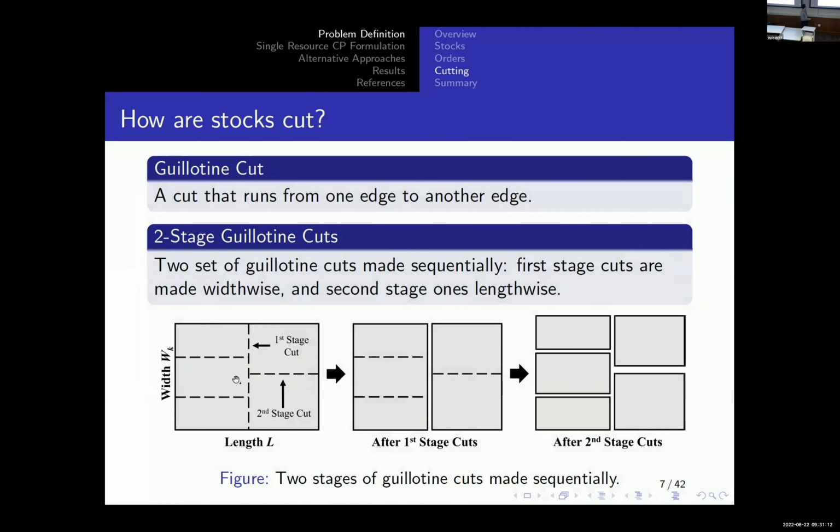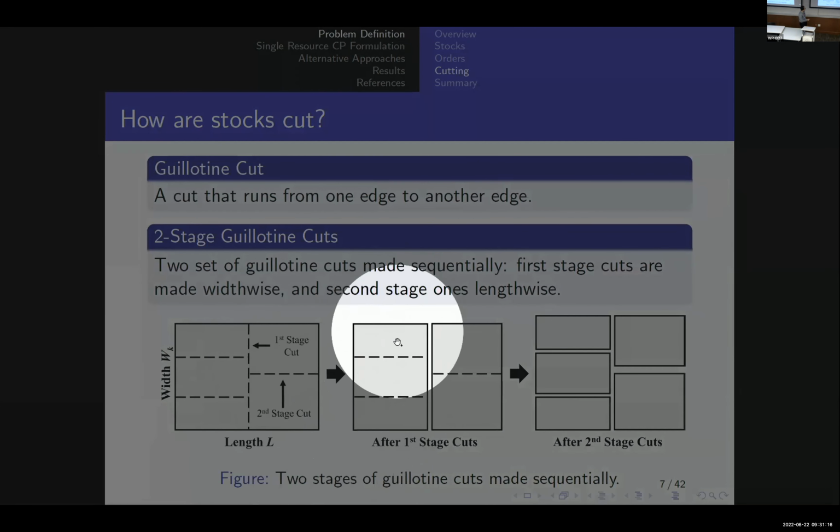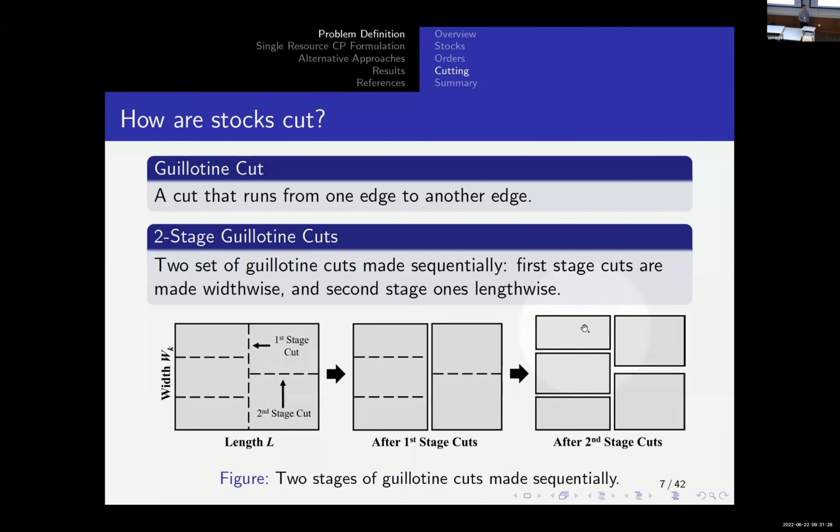After the first stage cuts are made, we will obtain 2 vertical strips. On each of these strips, we can execute the horizontal second stage cuts to obtain these smaller rectangles, which are essentially items that can then be used to fulfill client orders.